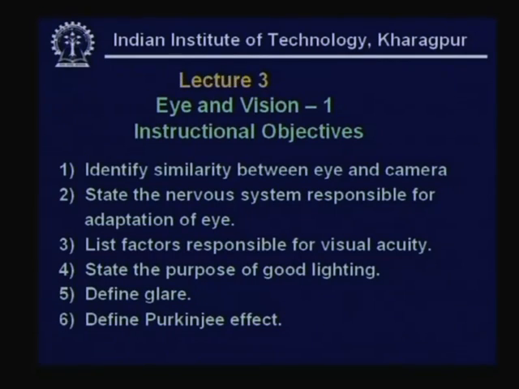So, we begin with lecture 3 titled Eye and Vision 1, and we have looked at the instructional objectives. This lecture on eye and vision is divided into two parts, part 1 and part 2.